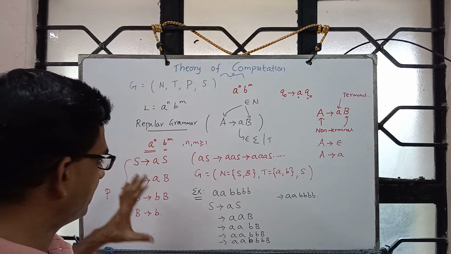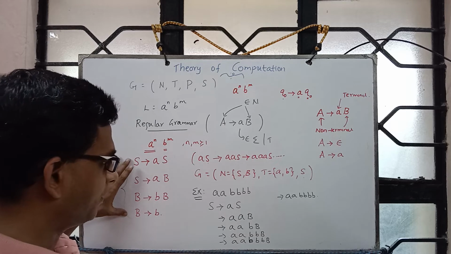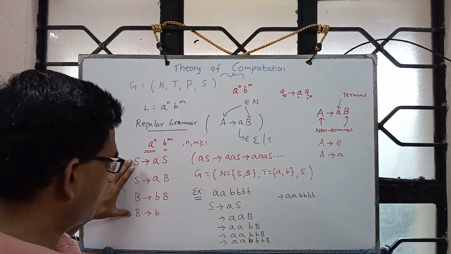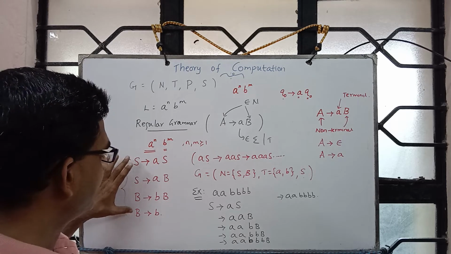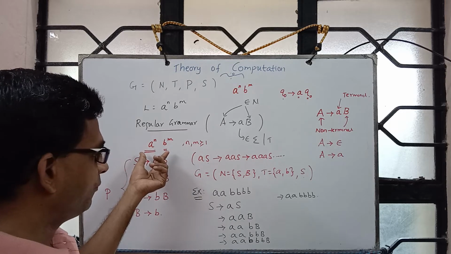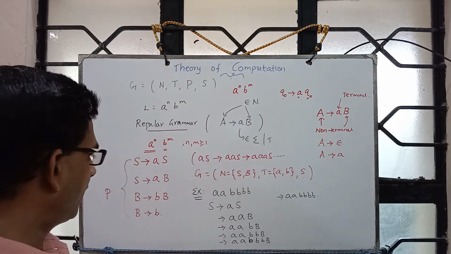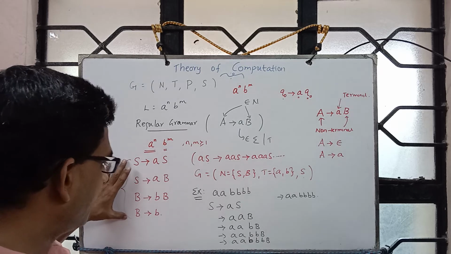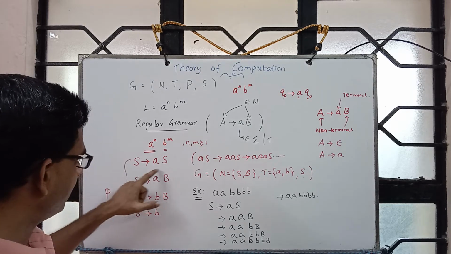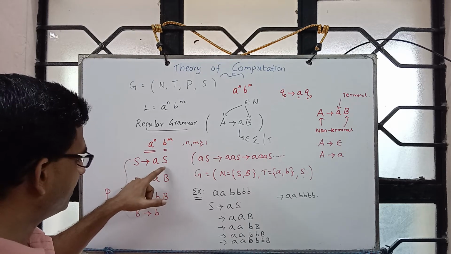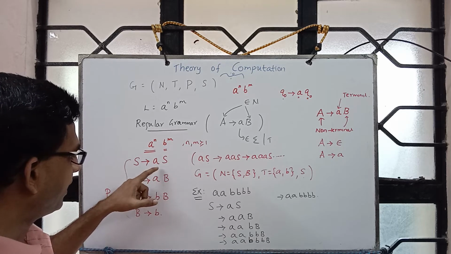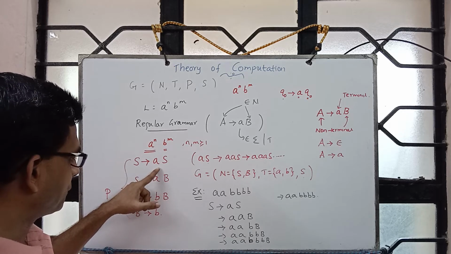Just like a regular expression, they have a finite set of production rules. With this finite set of production rules, we are capturing an infinite set. And in some sense, these formulas are recursive in nature, meaning you keep applying this, you generate a power n minus 1.